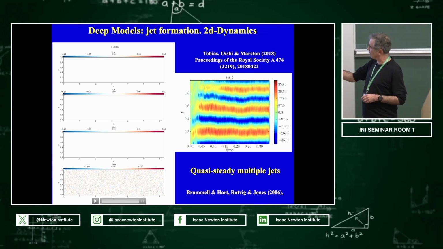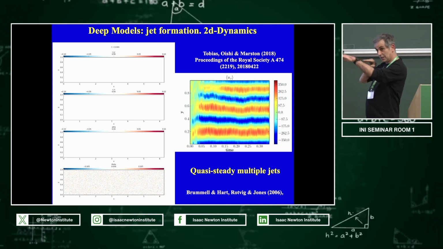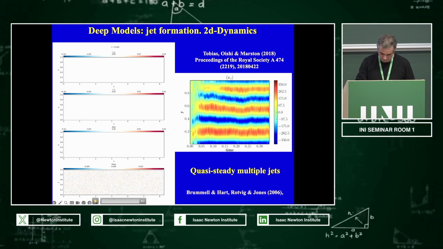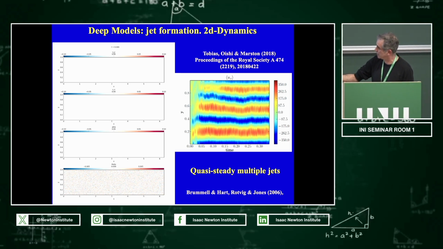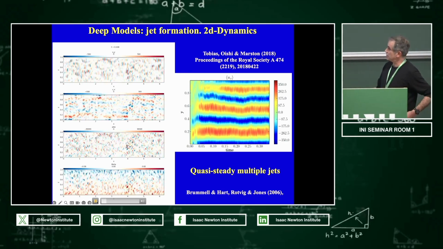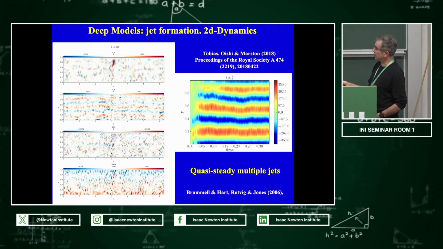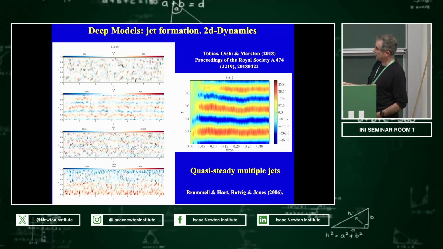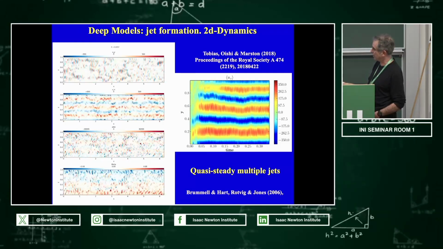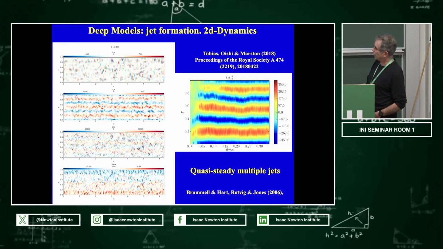The one to keep an eye on in the movie is this one. This is the zonal velocity. Okay, I'm just going to show you what happens. And this is the temperature here. So for this case, you can see the zonal velocity is driving jets, and it's easy to see over here. If you average over x, you can plot a Hofmöller diagram of the zonal velocity against y and time.